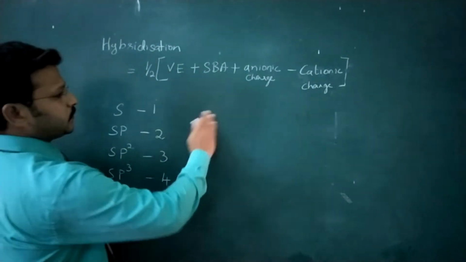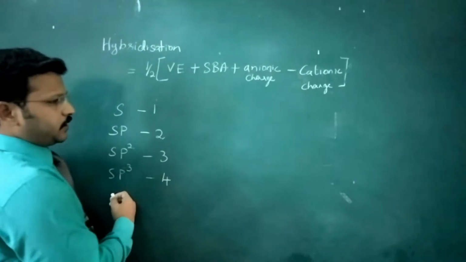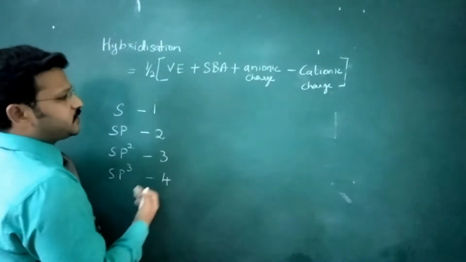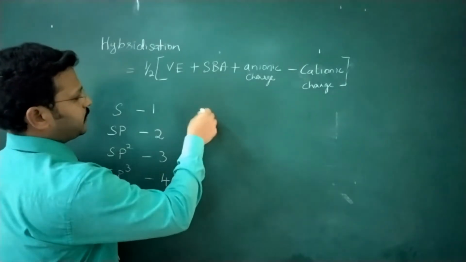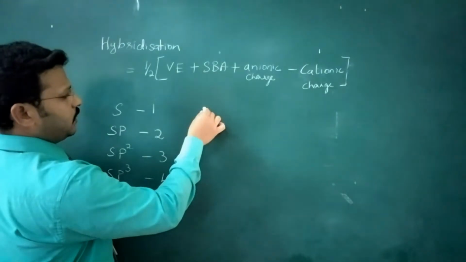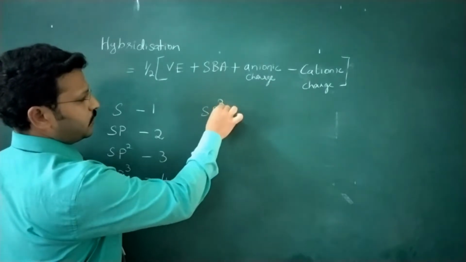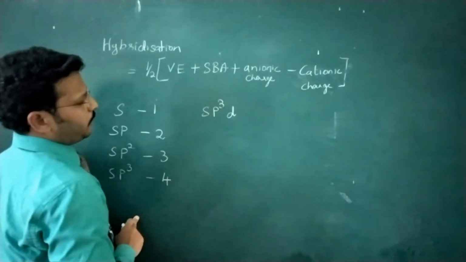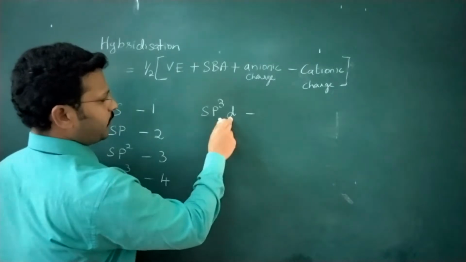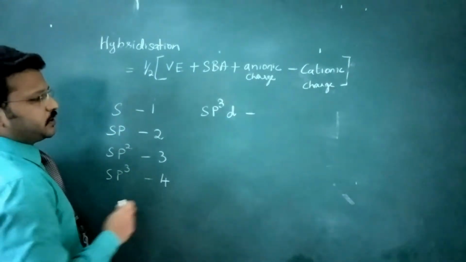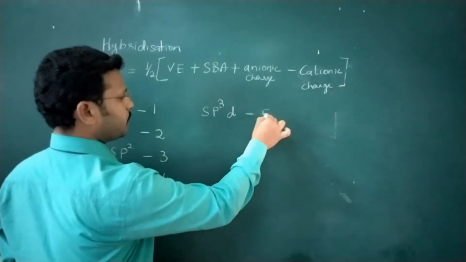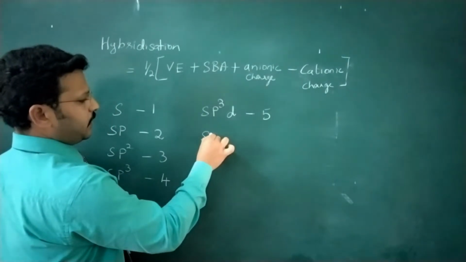Next to the p orbitals, I mix one d orbital, so the total number of orbitals considered here will be 5, that is sp3d.